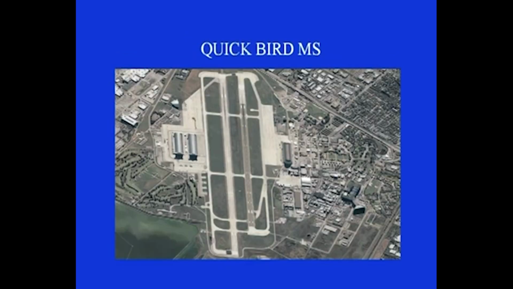The next image is the multispectral data set of QuickBird, and now one can see the variation of information in color, specifically in the lower left portion, wherein the sediment laden water can be very clearly identified in comparison to the QuickBird panchromatic data in the previous slide.